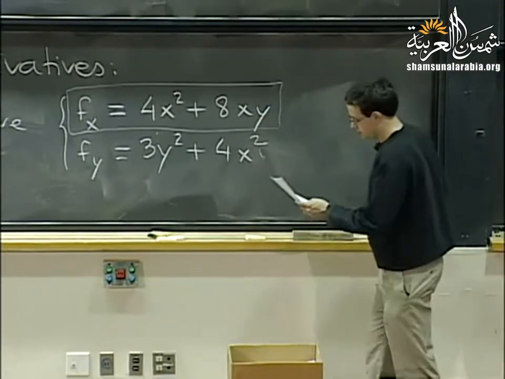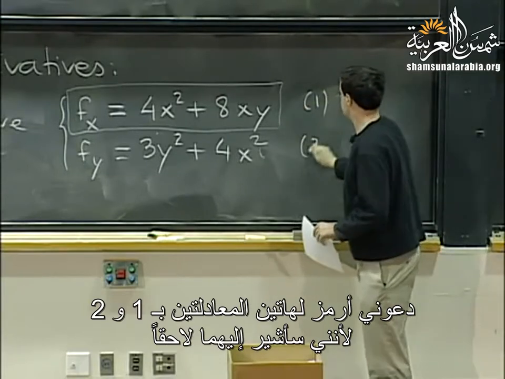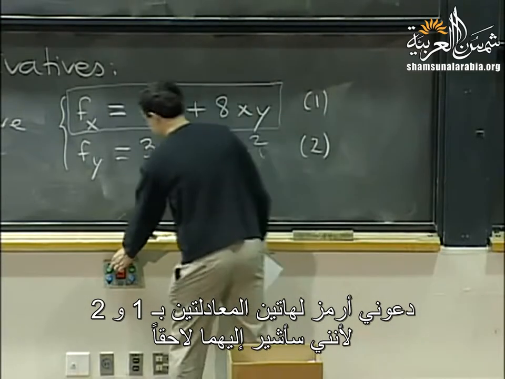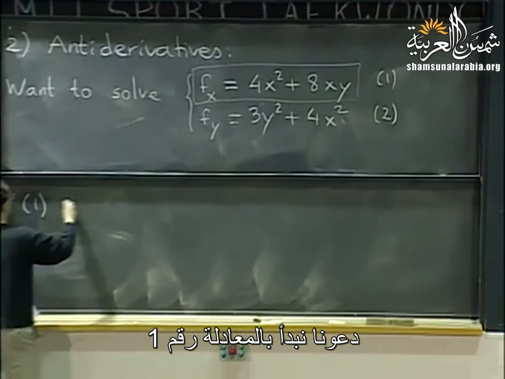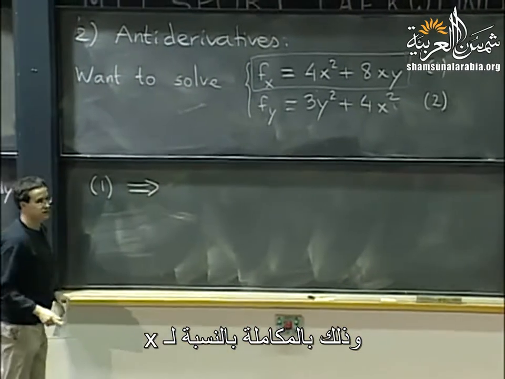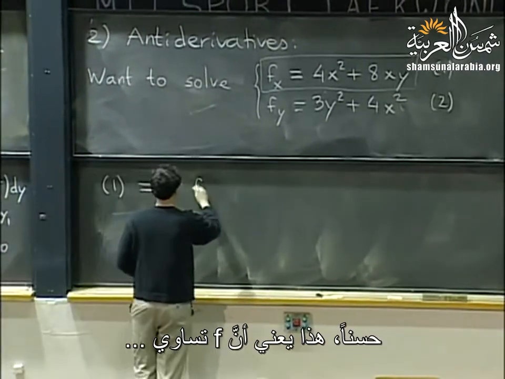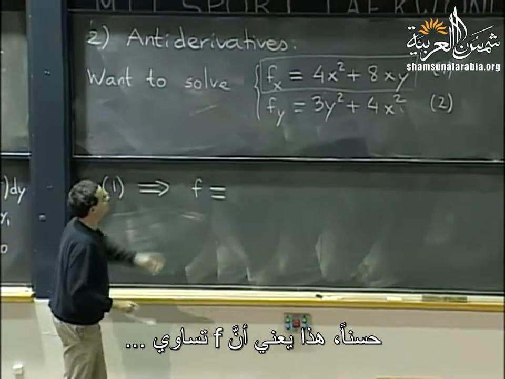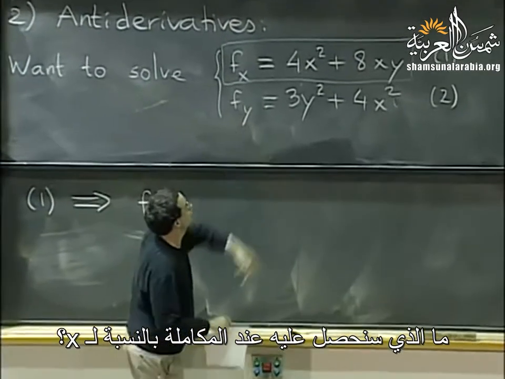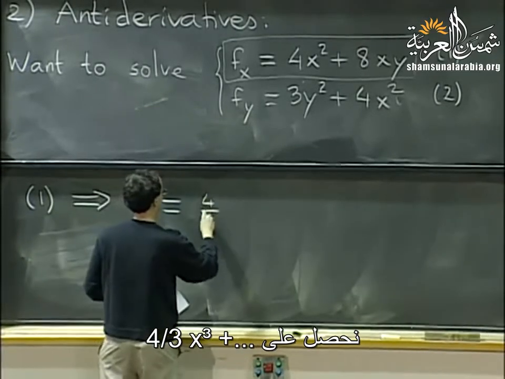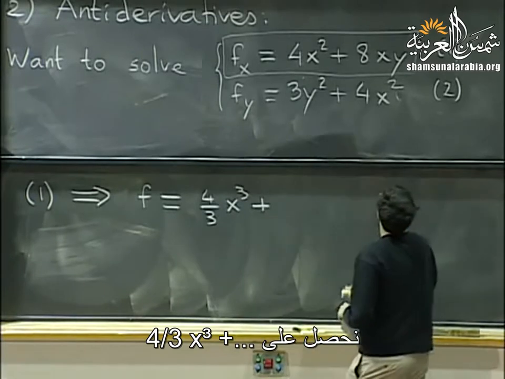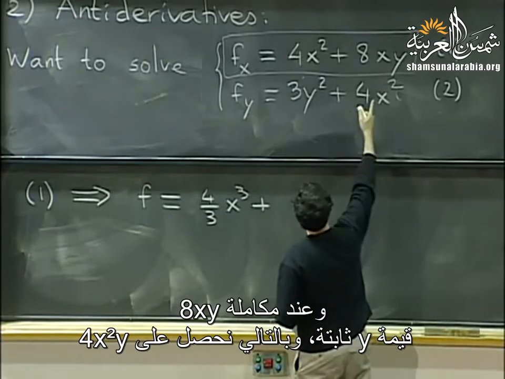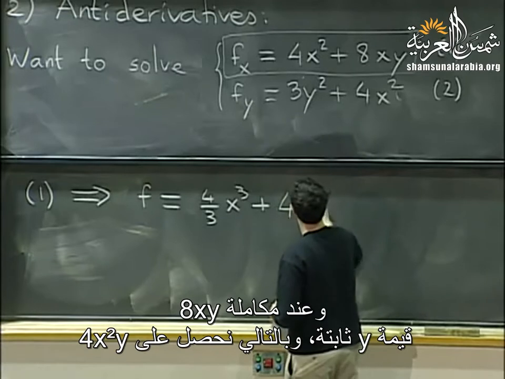Let's call them 1 and 2 because I will have to refer to them again. So let's start with equation 1. And let's integrate with respect to x. Well, it tells us that f should be, okay, so what do I get when I integrate this with respect to x? I get 4/3 x cubed plus, when I integrate 8xy, y is just a constant, so I will get 4x squared y.